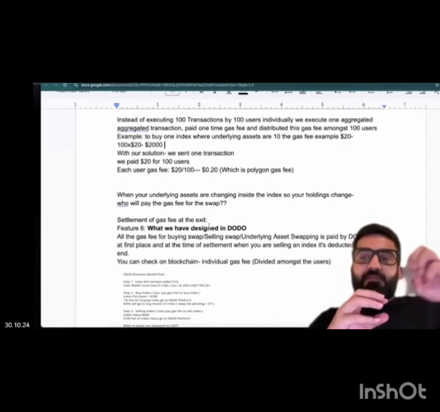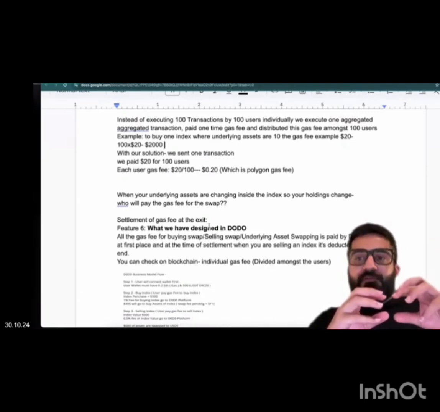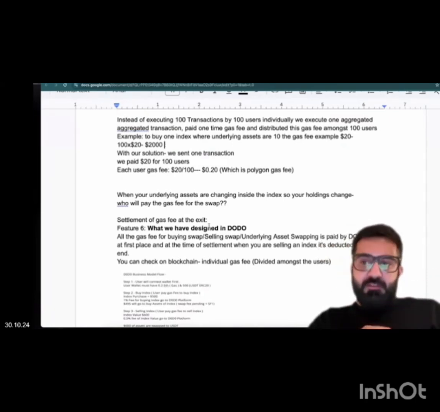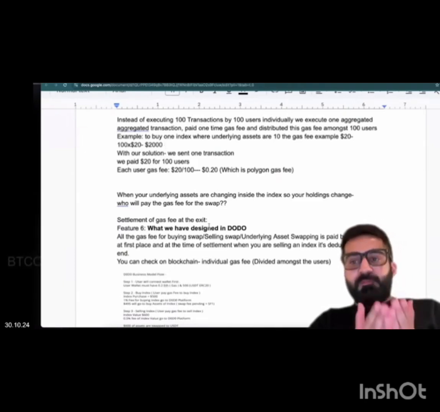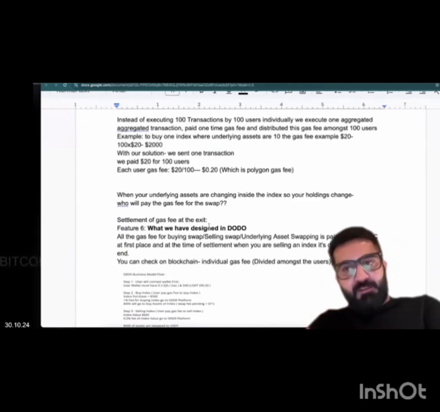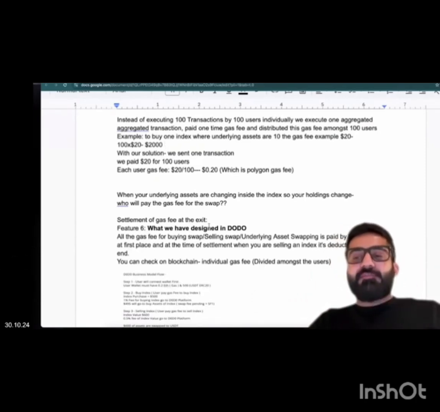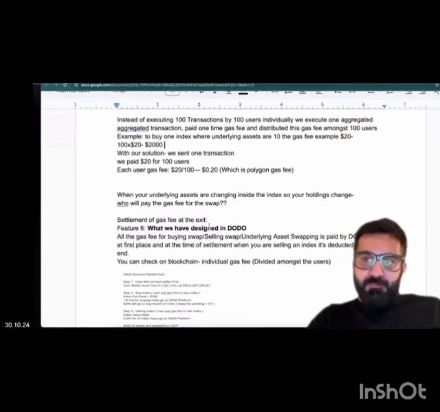First the old 8th one is sold, and then from USDT, the new one is bought. So you are holding the top 10. But who is paying for the swap? Dodo will pay for the swap at that time. The platform will pay your gas fee at every swap.